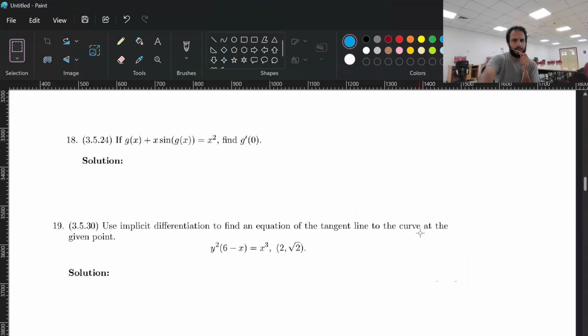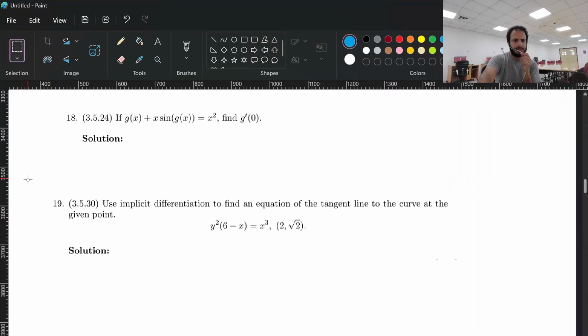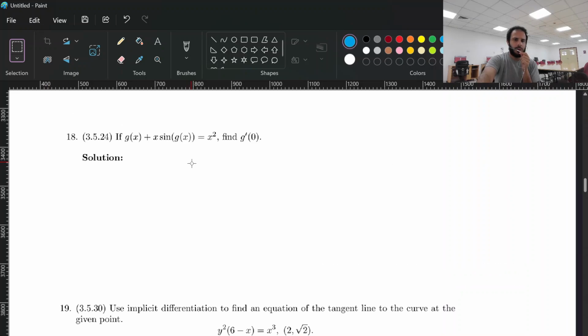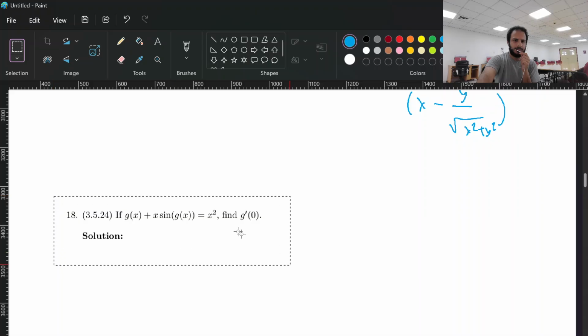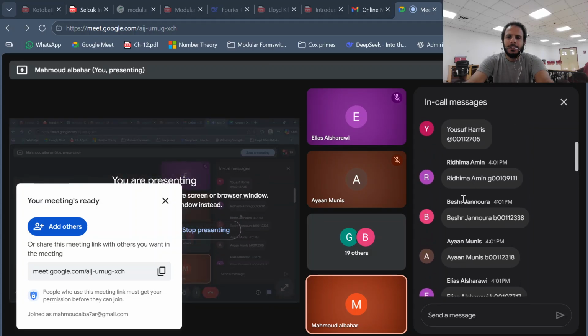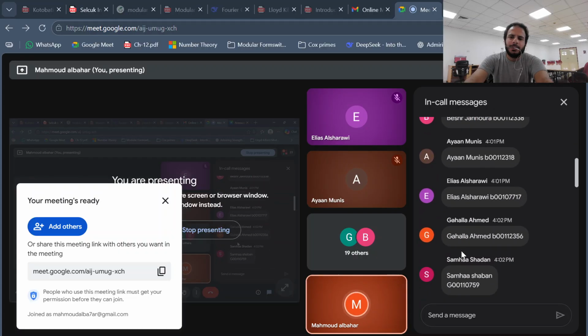Now the next problem. Now problem 18. Read Hima. Read Hima Amin. Do you hear me? Do you hear me? Now, thank you, Ilyas. Now, Gahala Ahmad. See the screen.